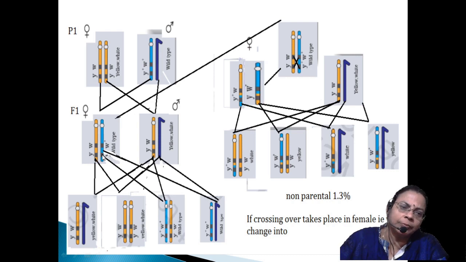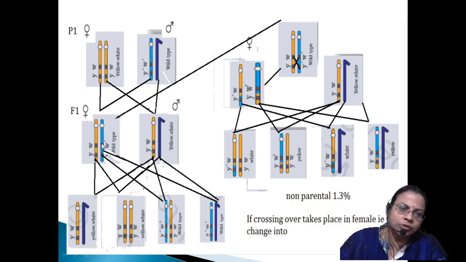Then the next possibility, this gamete, that is Y plus and W plus, dominant character, fuses with the X chromosome of the male. So in the 2X condition you will get Y plus W plus as well as YW. At least one dominant allele is there, hence they come under the category of wild type, that is female. So 2X chromosomes means it is female.